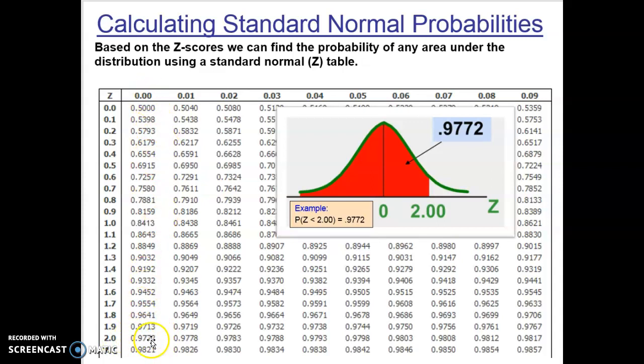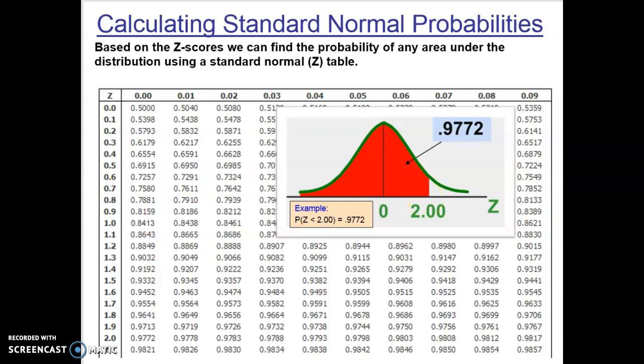And we have 0.9772. What that tells us is that the probability of getting a z-value up to 2.00 is 0.9772. Well, the probability of getting a z-value up to 2.00 is this red area here, which is 0.9772. See? So it's very easy to find these probabilities using the z-table.